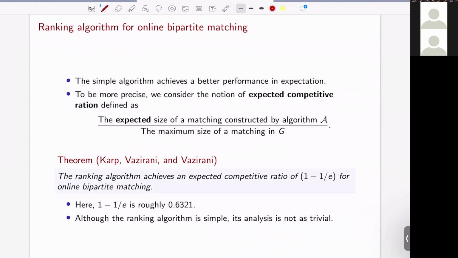Yeah. So right. First of all, when you analyze the performance of a randomized algorithm, not just for an online problem, but also for the offline setting where everything is present, any randomized algorithm has its performance measured in expectation.